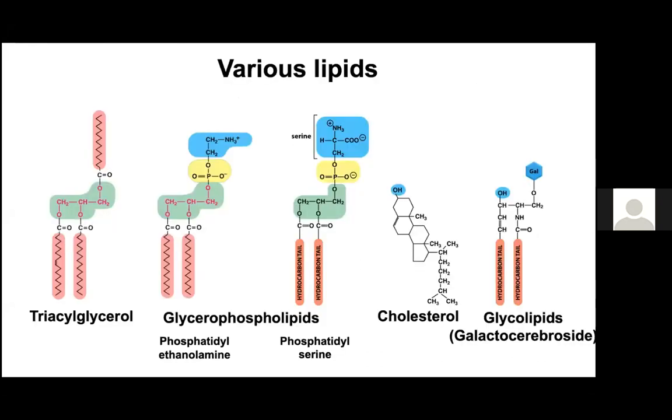There are many types of lipids in the cells, and these include triacylglycerol, glycerophospholipids, cholesterol, and glycolipid as shown here. And today in my talk, I'd like to focus on the structure and function of glycerophospholipid, such as PE and PS.